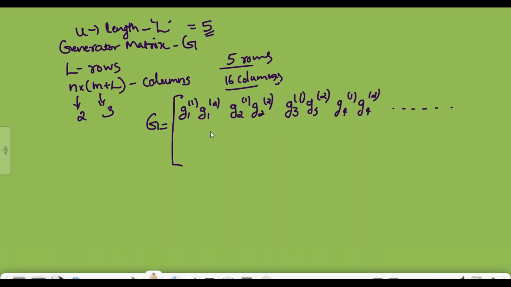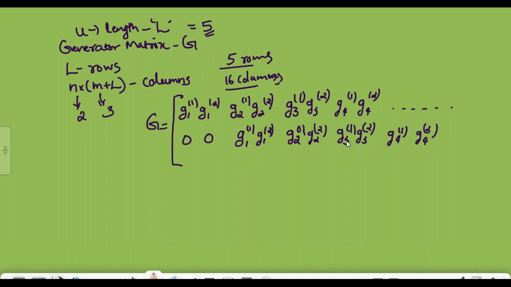Then by shifting 2 bit positions, again G11, G12, G21, G22, G31, G32, G41, G42. Then here 2 zeros.